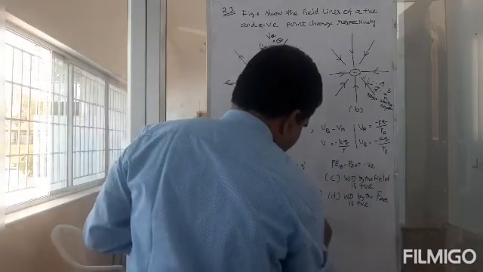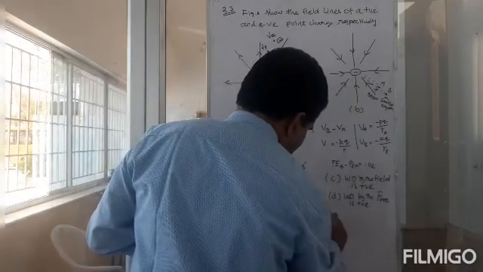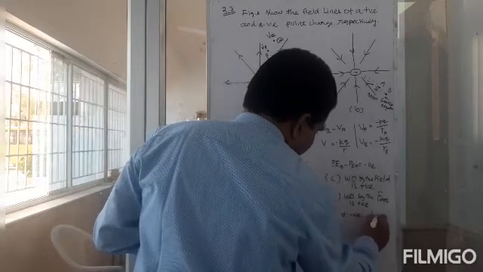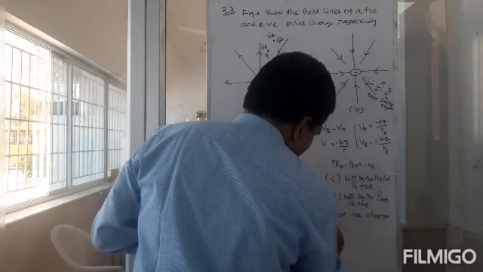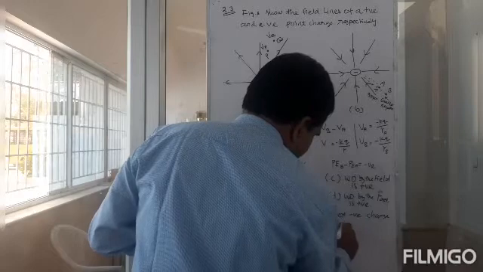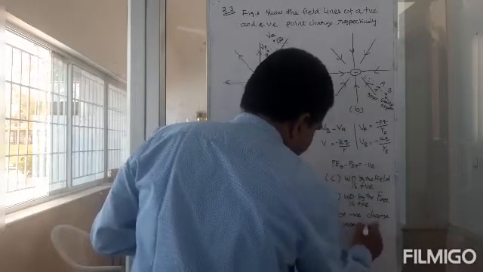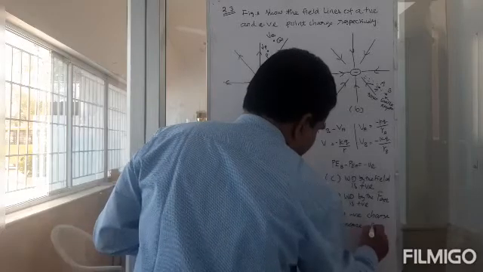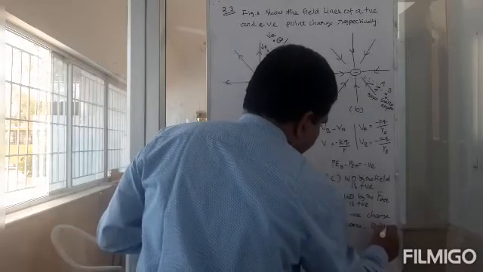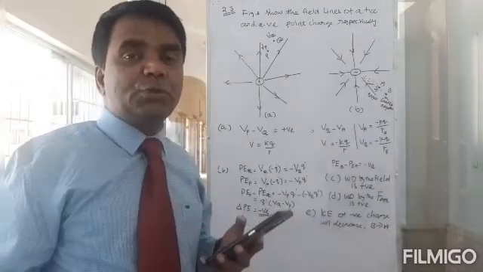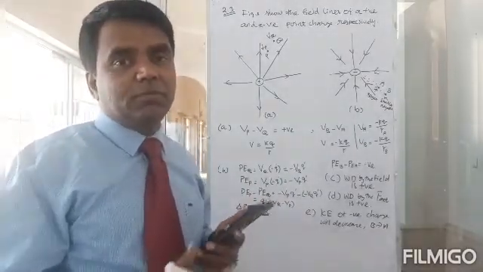So E is: kinetic energy of the negative charge will decrease when it goes from B to A. So this is how you do this problem.